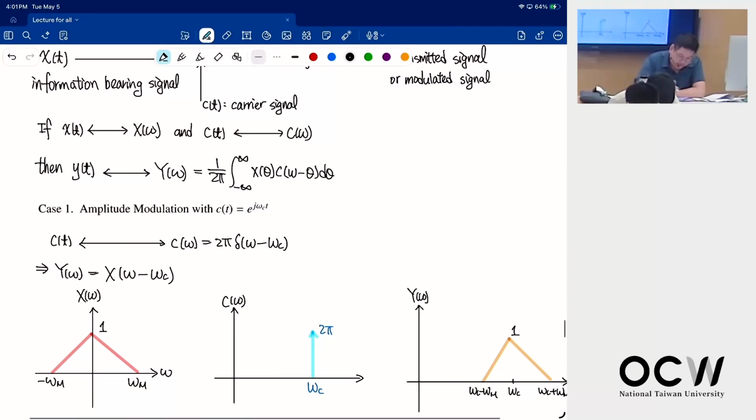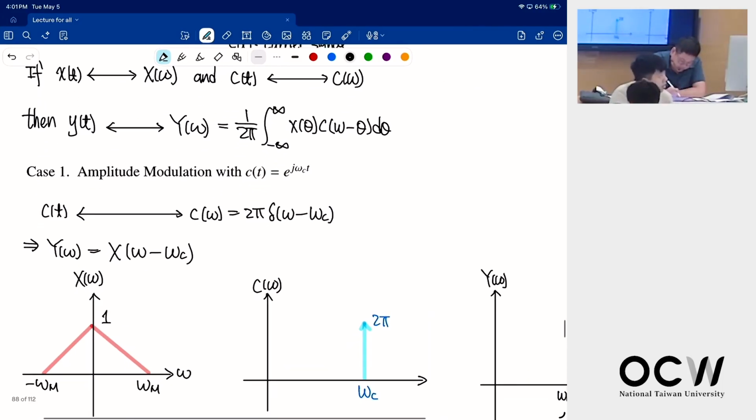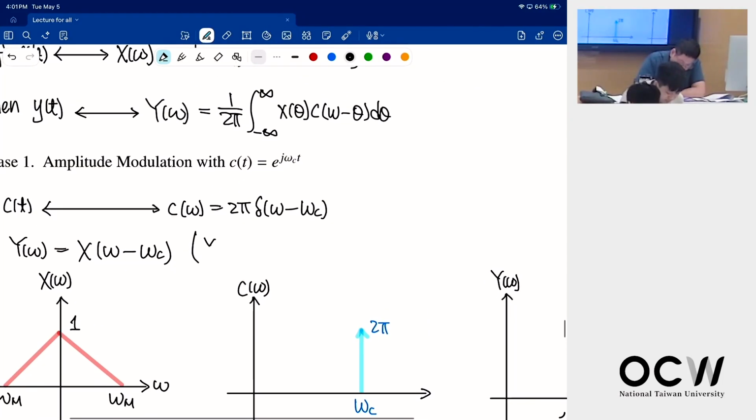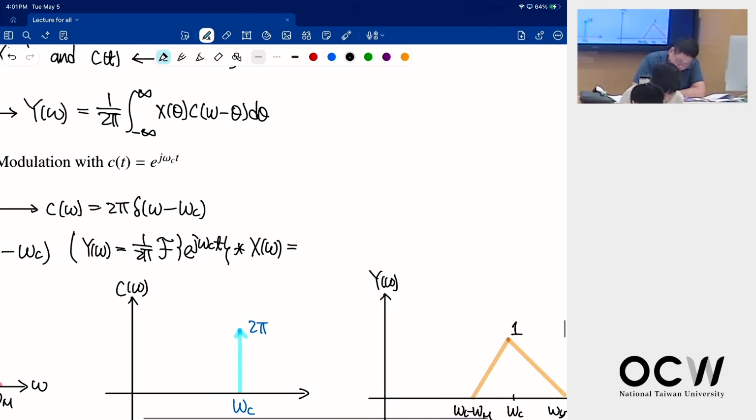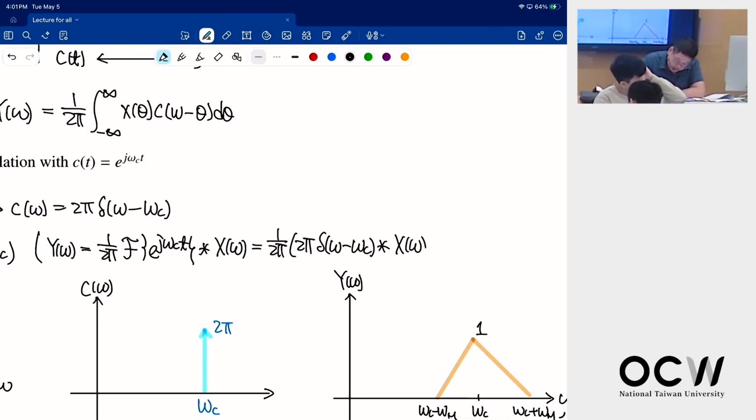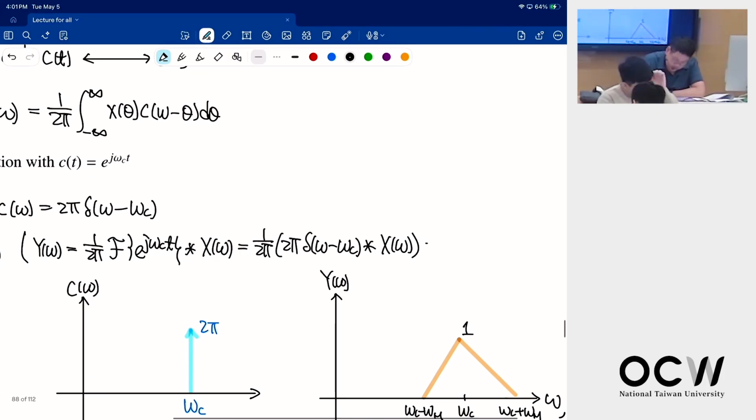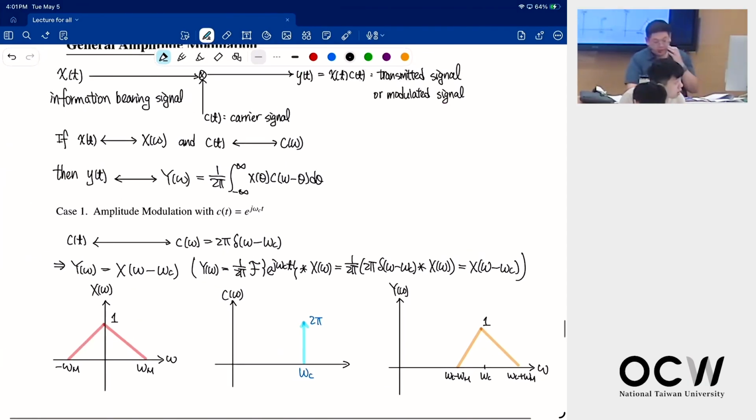Okay, we can also write it down: Y of omega is 1 over 2 pi, we do the convolution in frequency domain, so that is 1 over 2 pi delta function convolved with X. So that's why it is a shift of the spectrum of the input signal by omega c.